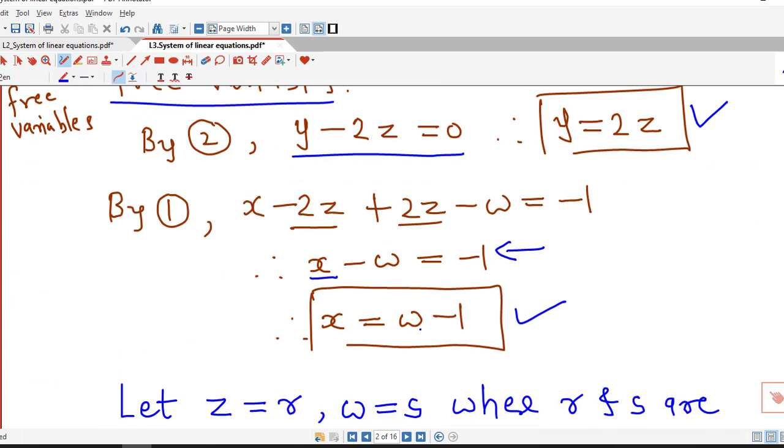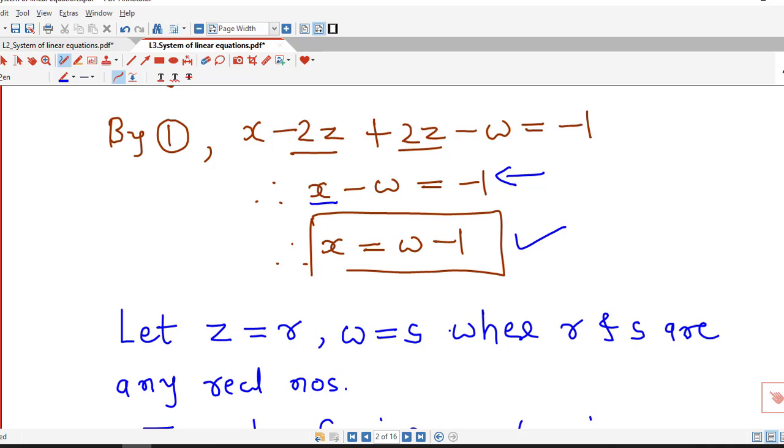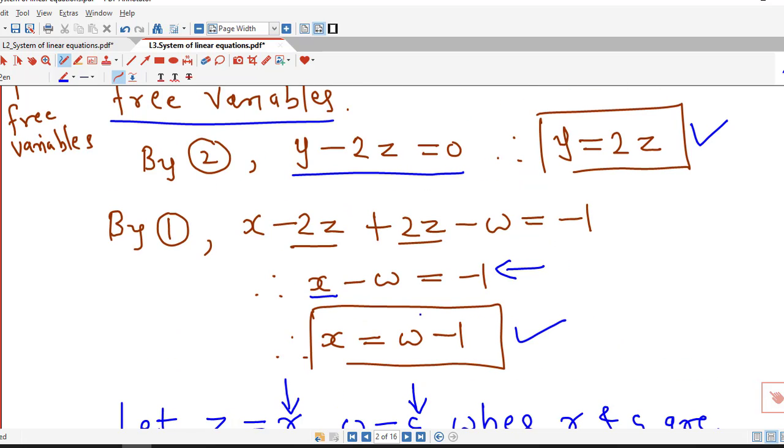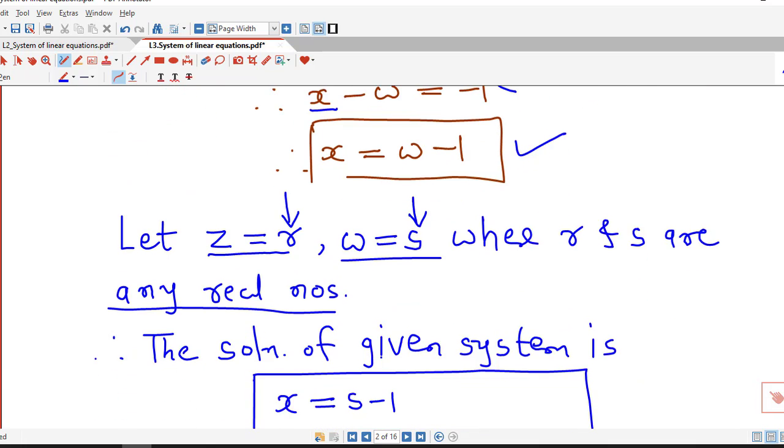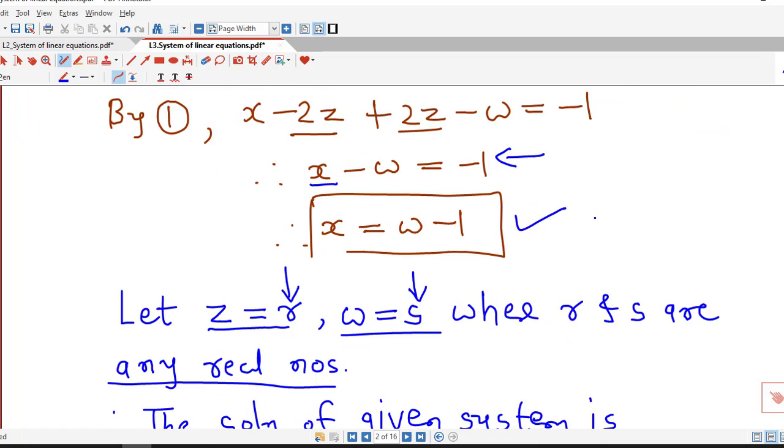Once we express leading variables in terms of free variables, we will assign any real numbers to the free variables. Here z and w are free variables, so we assign z equal to r, w equal to s, where r and s can be any real numbers. And then we express each of these variables in terms of r and s. x is w minus 1, therefore x is s minus 1, y is 2z.